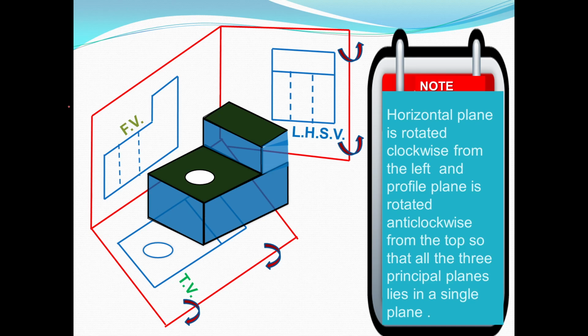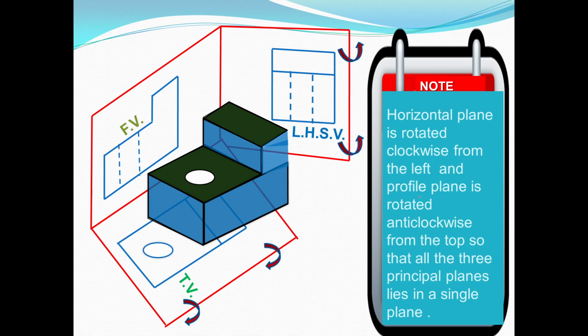And the plane on this side, that is the LPP, will rotate in the clockwise direction. So the horizontal plane is rotated clockwise from the left, and the profile plane is rotated anti-clockwise from the top.